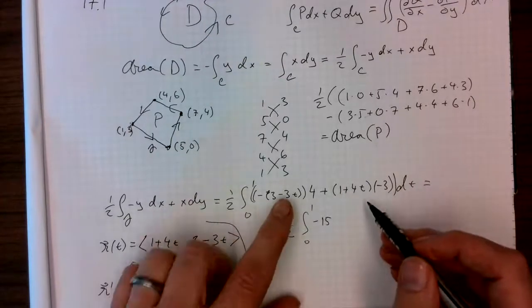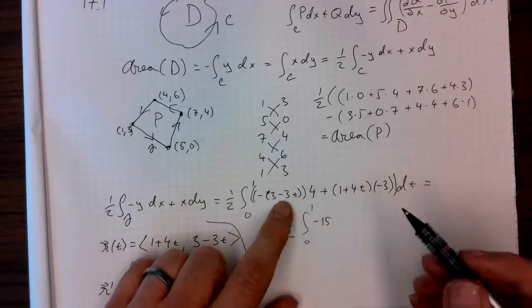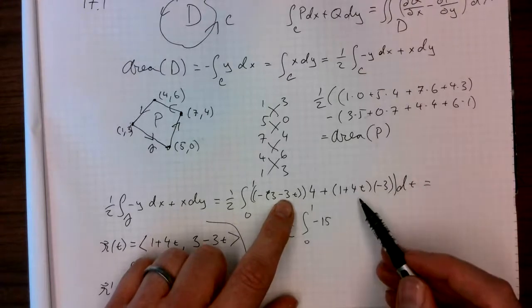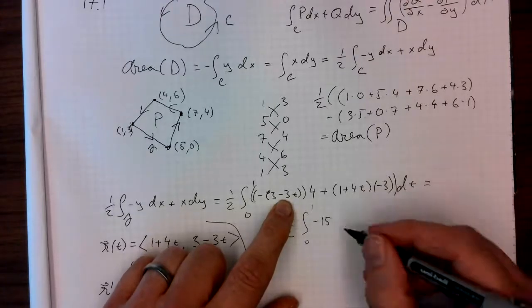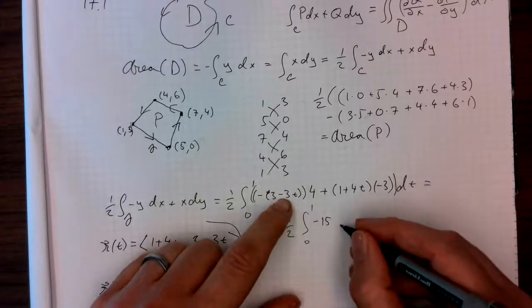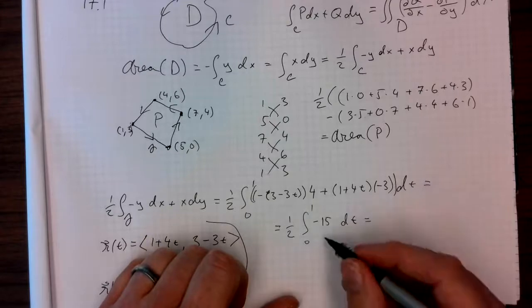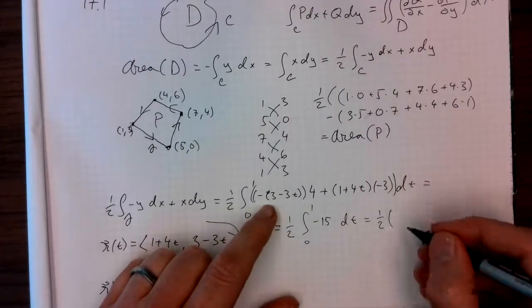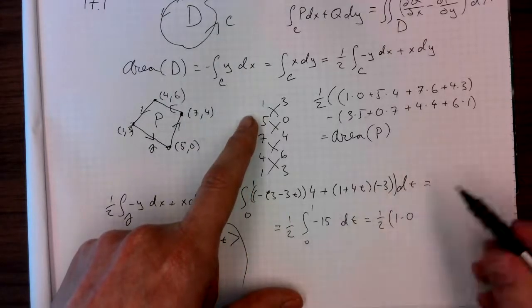How many t's do I have? This is minus minus, so plus 4 times 3, so I have 12t, and then minus 12t, so I have 0t, dt. This is the same thing as 1/2 times 1 times 0 minus 3 times 5, coming from the t's.